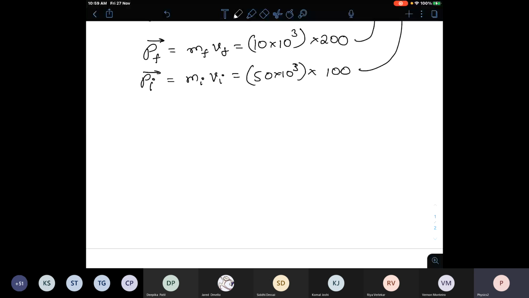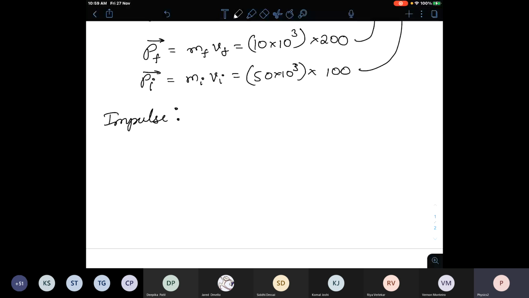Next is impulse, which you should know. It is an outcome, or you can say a derivation, of the second law. So what is impulse?